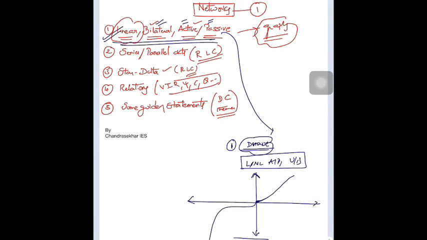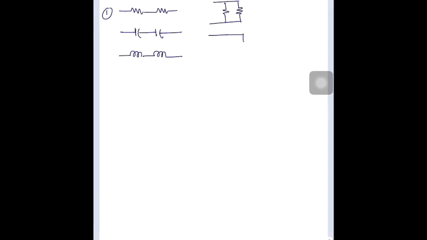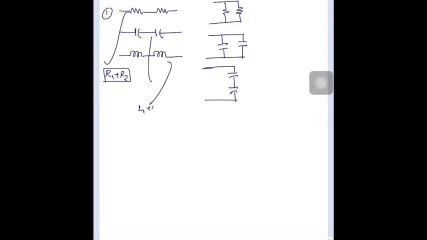And now we'll see series and parallel circuits. We all know that it is very easy. Two resistors connected in series, two capacitors connected in series, two inductors connected in series, same as the case with parallel. Here R1 plus R2 is the total equivalent resistance. Here L1 plus L2.